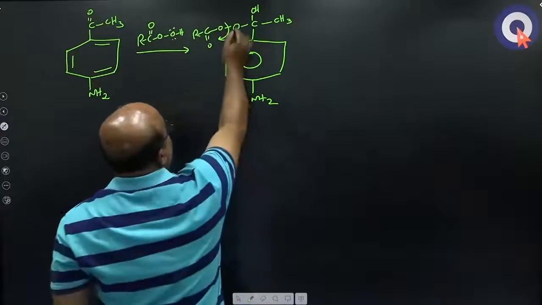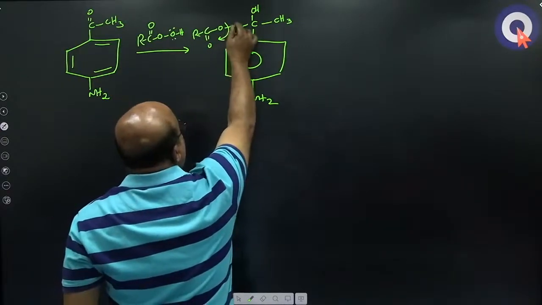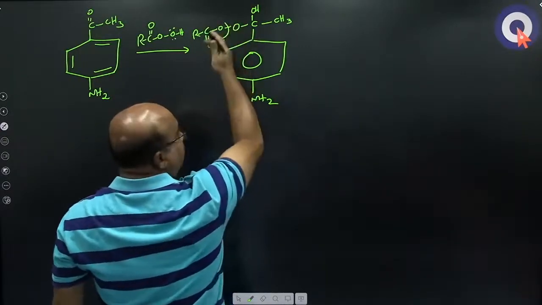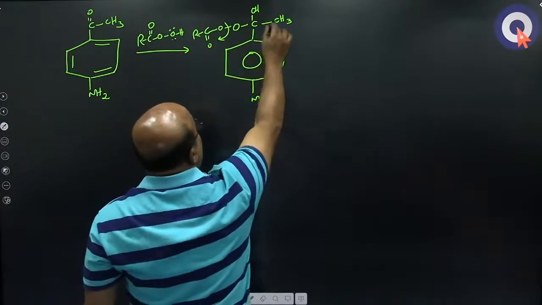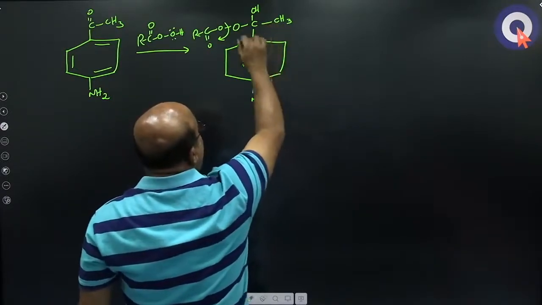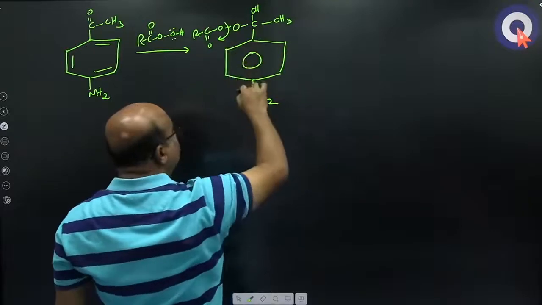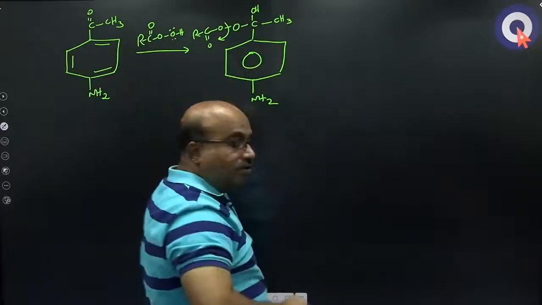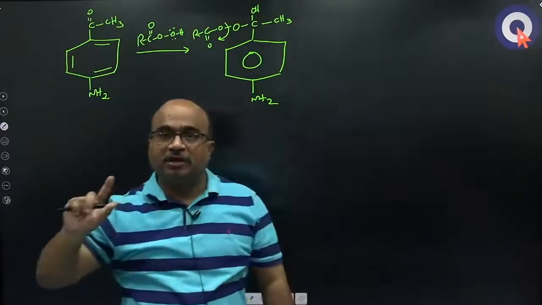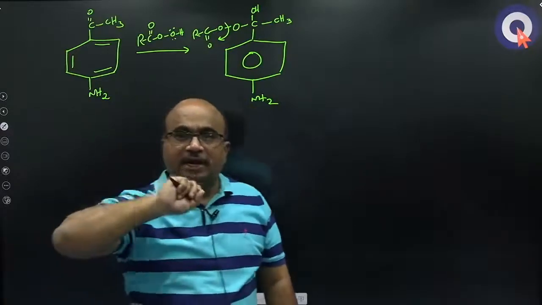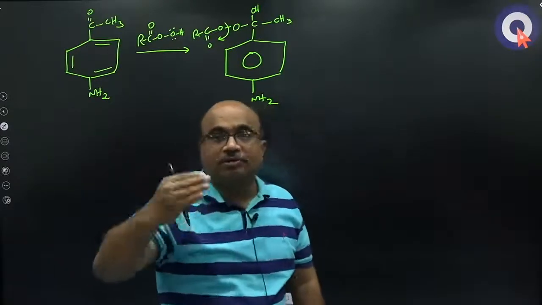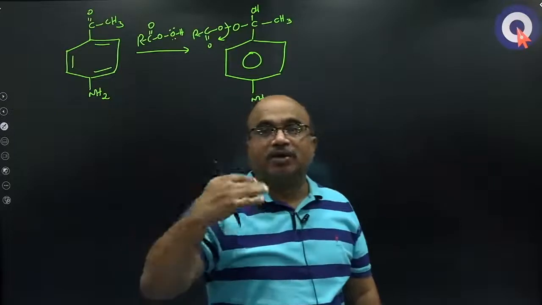But oxygen is getting a positive charge, so to gain stability, one of these alkyl groups here, that is CH3 or this phenyl with the NH2 group, may shift. Which is a good migrating group generally? A general order is followed whenever we write the migration of alkyl groups.